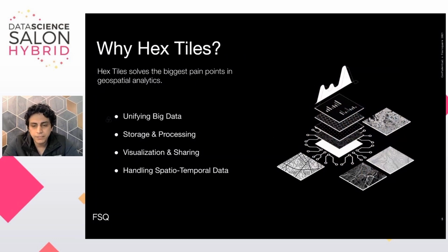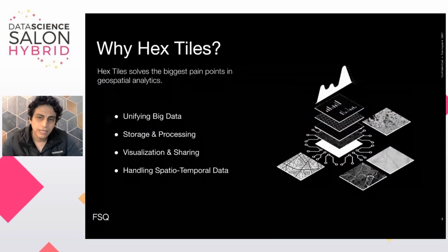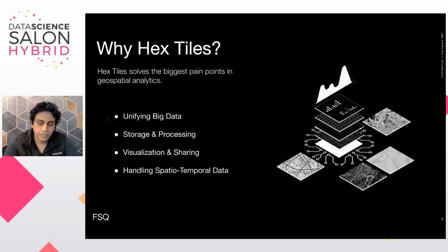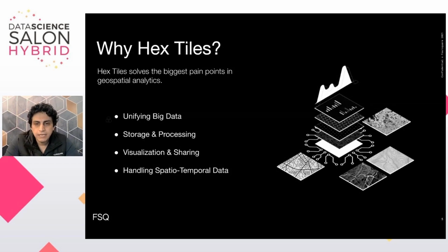So why did we build Hextile? It's mainly built because of a pain point that we had ourselves. When I was working at Uber, and even prior to that, one of the challenges in spatial data science was that the data was always coming in different shapes and forms. It's very hard to unify it. And even if you unify it, it was hard to store it. If we had a global data set, it's very hard to store the data, process it, and do analysis with it.